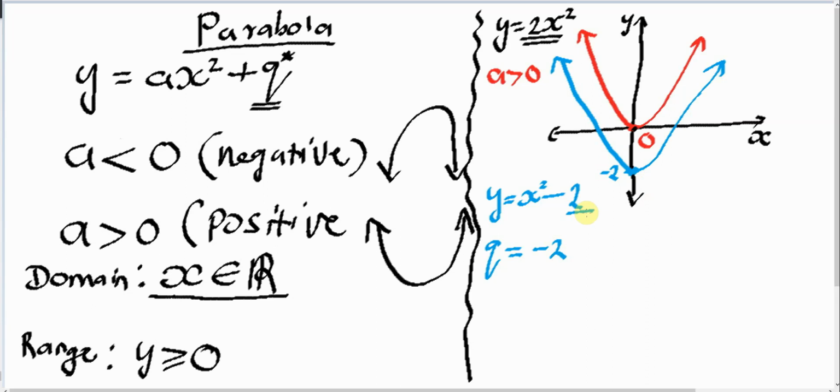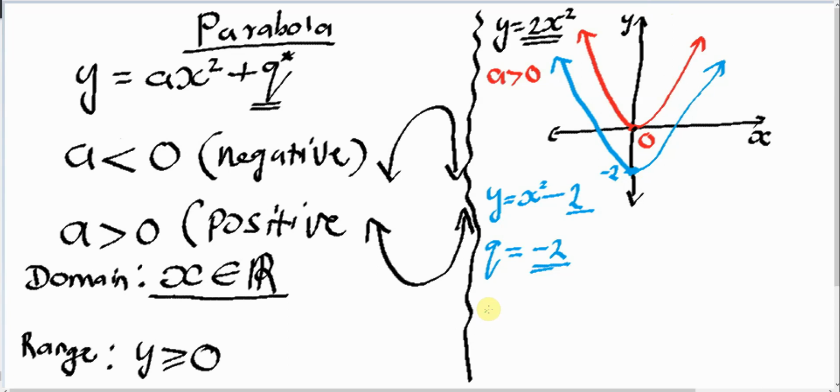Now I want to write the range for this function. We see that the value of q is not 0 this time, it's negative 2. And the graph starts there and goes upwards to positive infinity.